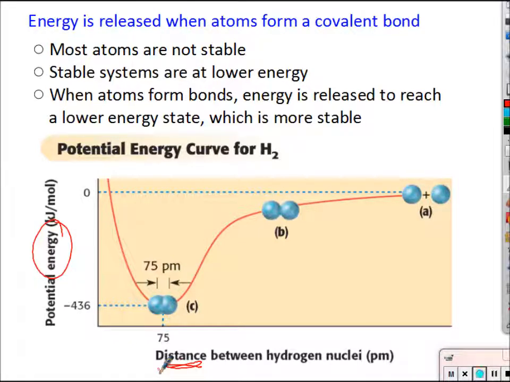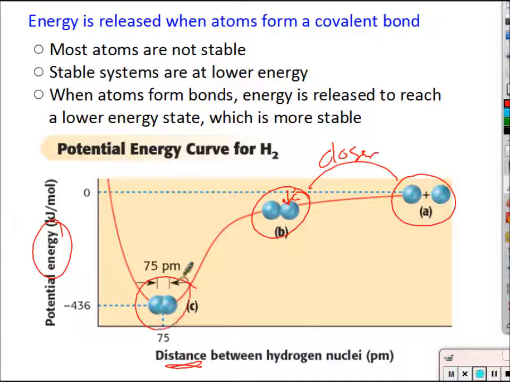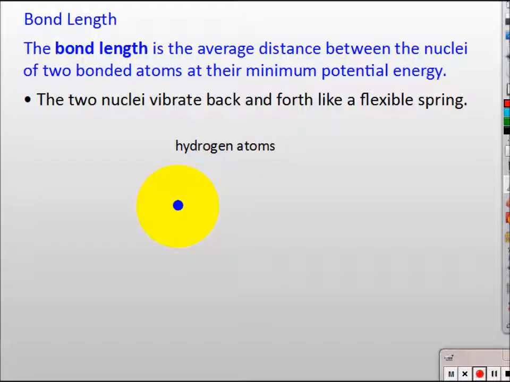As these atoms get closer, they go down in energy, and as they get even closer, they drop even lower in energy, until we have what we call the potential energy or the bond energy to create this covalent bond. It's the energy given off.